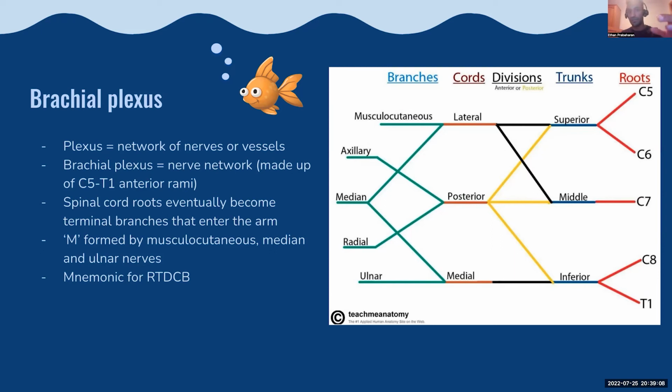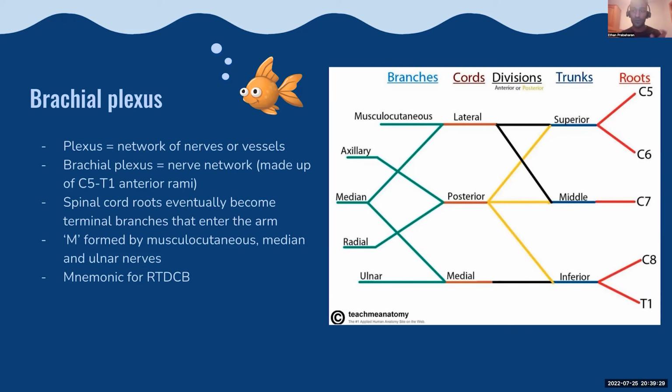I think it can be useful to know these branches, and also knowing what roots are actually mainly involved in what branches. For example, this ulnar branch is fed into by the C8 and T1 roots. That's relevant. Whereas all the stuff in the middle, not so important.